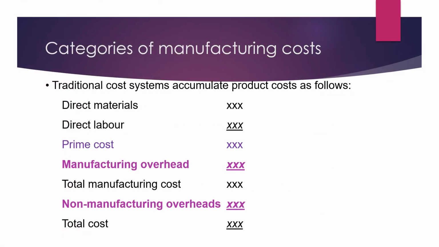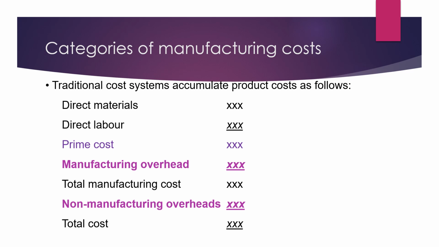In a manufacturing organization, the traditional costing system accumulates the product cost as follows. First, they identify the overhead in two parts: manufacturing and non-manufacturing overheads.